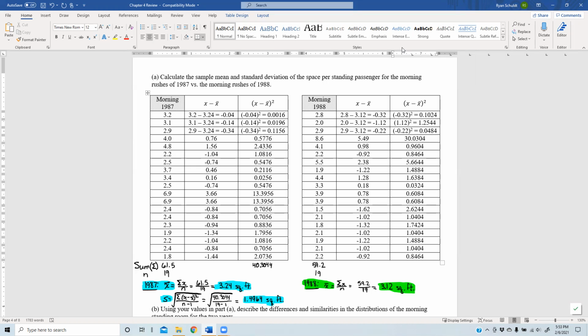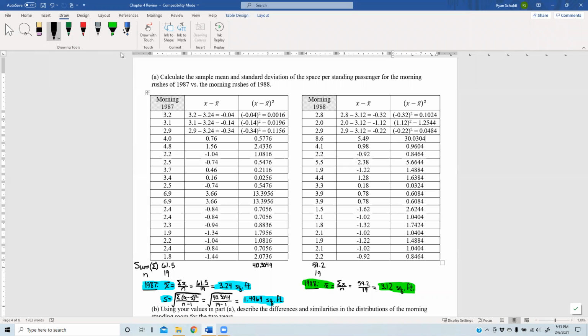I need to add up this last column. When I do that, let's write in pen, not highlighter. That'll get me 53.1056.